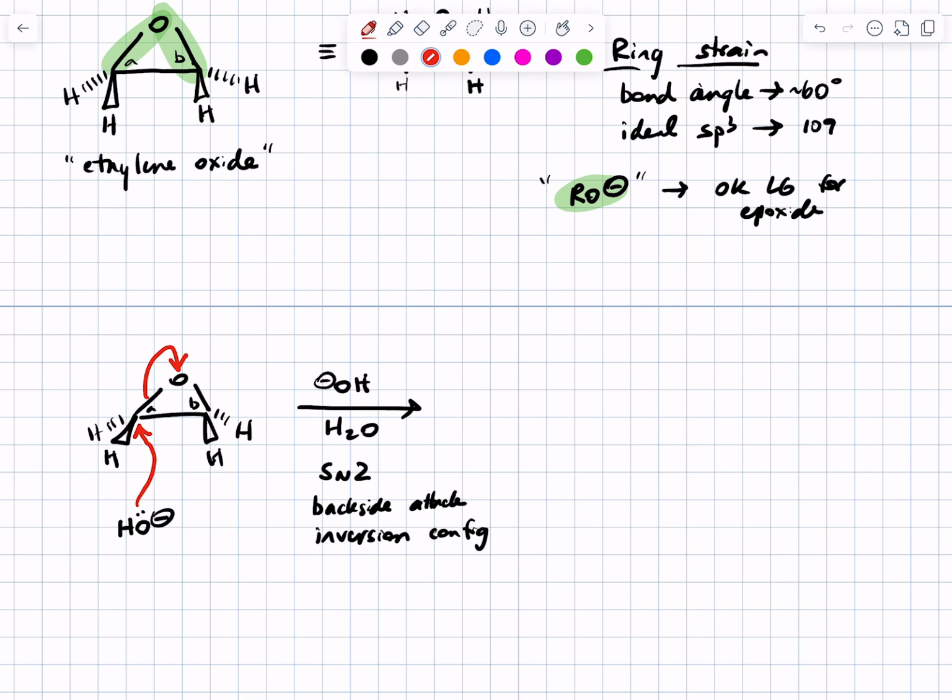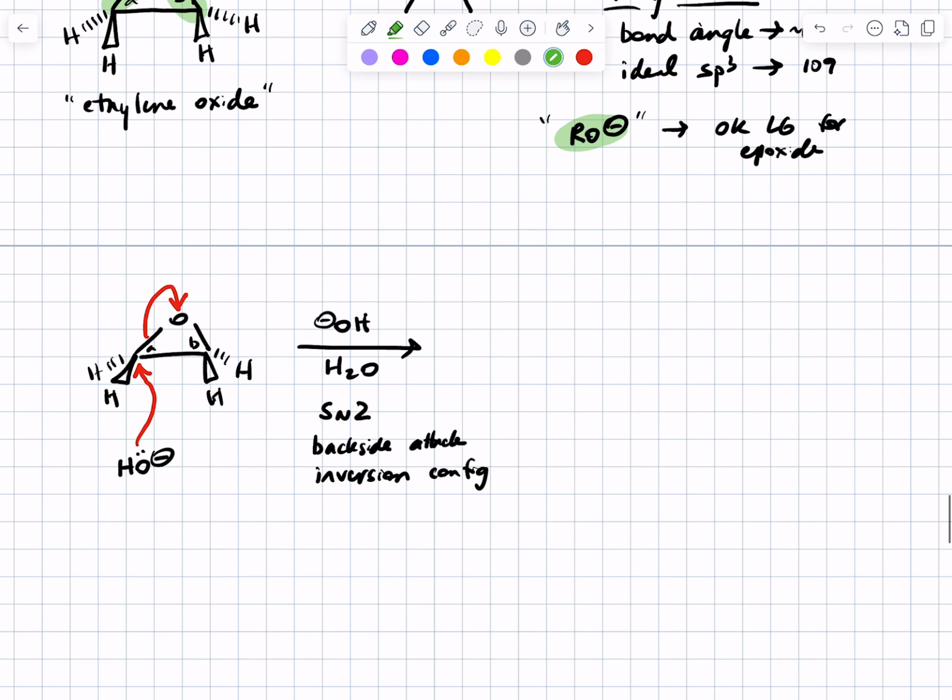At this point, you're like, hold up, I thought you said that negatively charged oxygens were terrible leaving groups. I did, and that is true, but the relief of ring strain when the leaving group leaves, in this case, this is the leaving group, pays for the leaving of the poor leaving group.